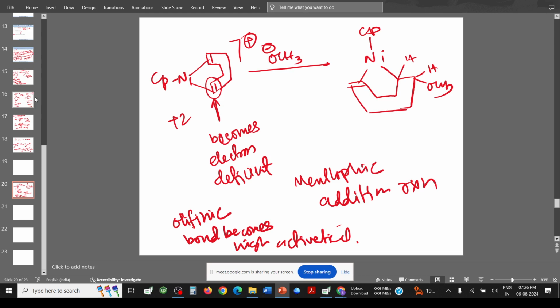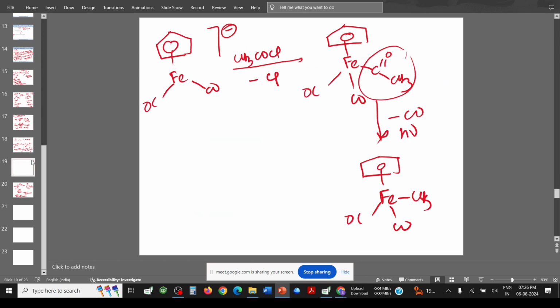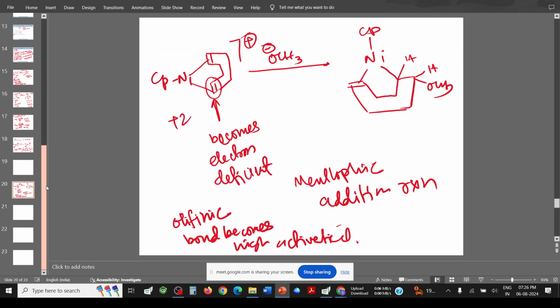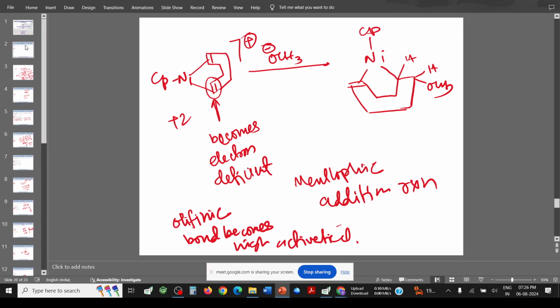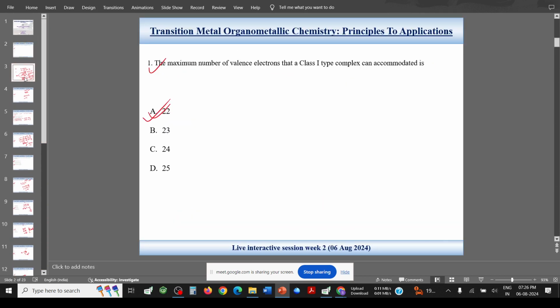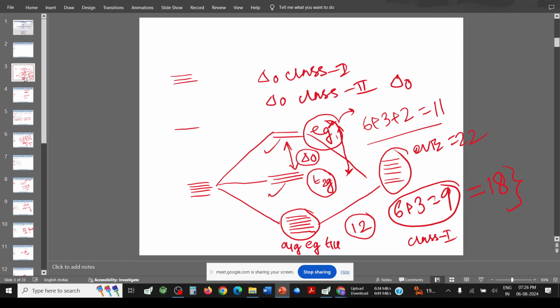So today we have discussed different classes of metal complexes, class 1, class 2 and class 3 organometallic compounds, and how they are differentiated based on the electron count and the reason behind the highest and the least number of electrons in different classes.